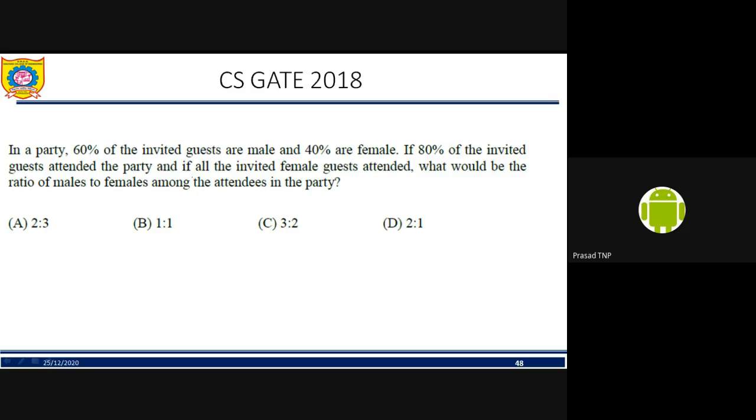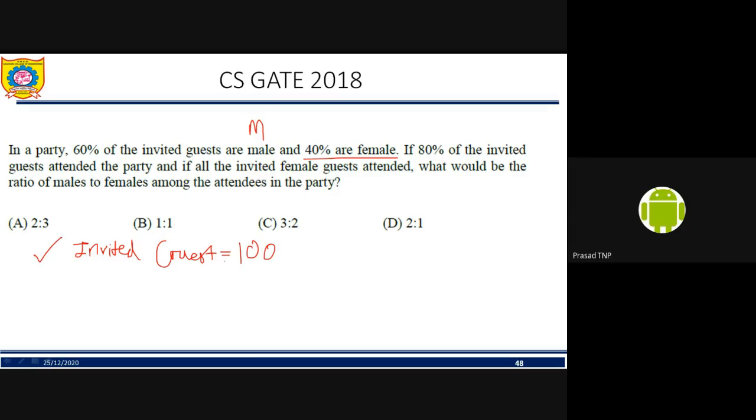Next is: in a party, 60% of the invited guests are male and 40% are female. If 80% of the invited guests attended the party, here we'll write these things in mathematics. Invited guests, let us assume they are 100% or 100, because everything is given in percentage.